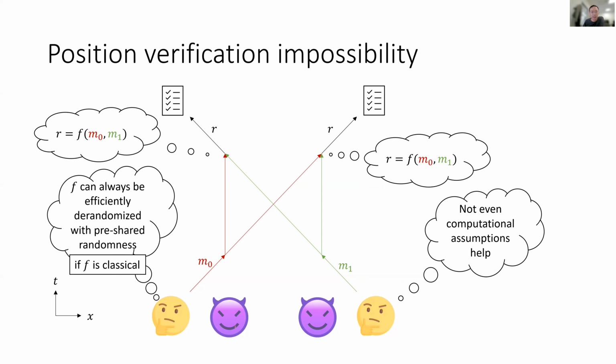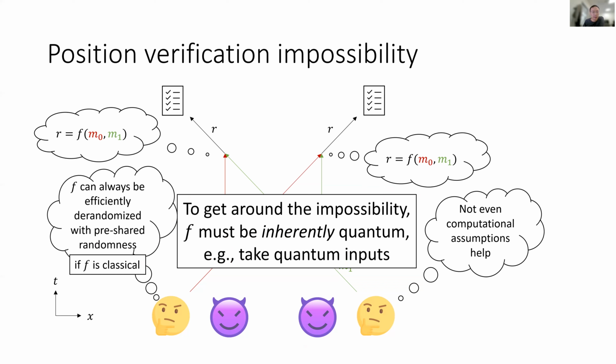And therefore, it is clear that this impossibility holds only if F is a classical function. And therefore, to get around the impossibility, given this example, we know that the function F must be inherently quantum. For example, in the last example, F is taking quantum inputs.